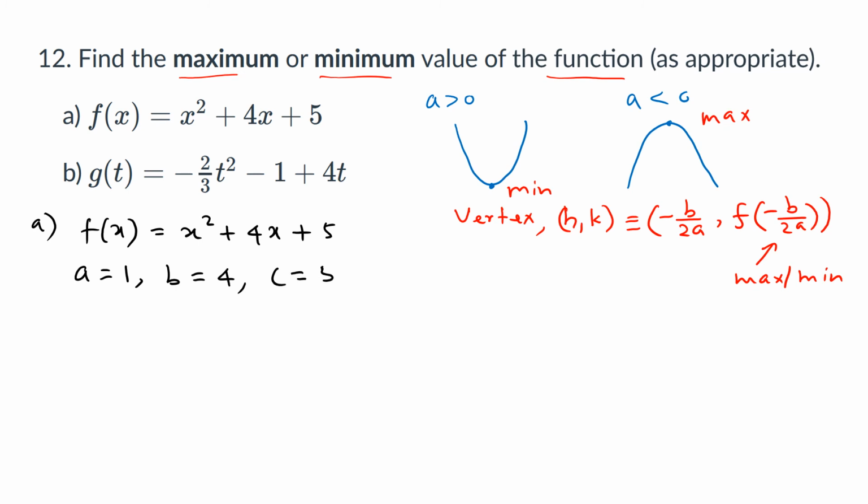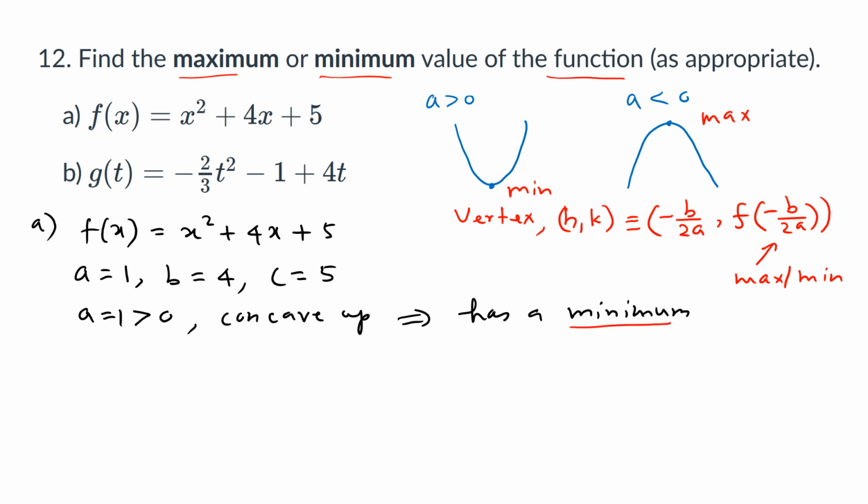We don't need c for this problem. Also a equals 1, which is greater than 0, so it's concave up. Concave up means it has a minimum. What is the minimum value?